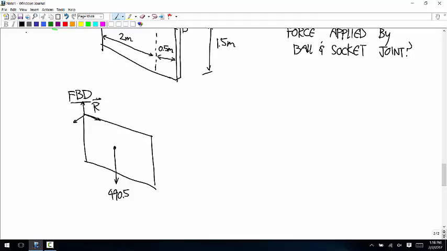And then where else are there forces applied to the body by the outside world? Two cable tensions. So there's one over here that I'll call TA, the cable tension going to the point A, and then another one at the end that I'll call TB.